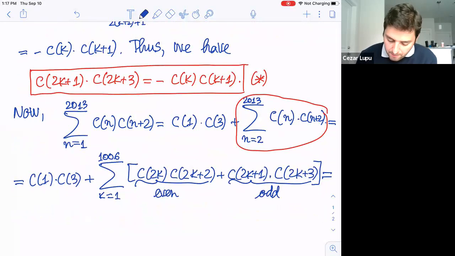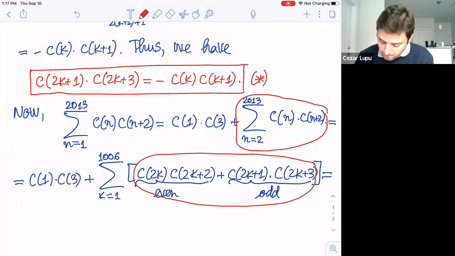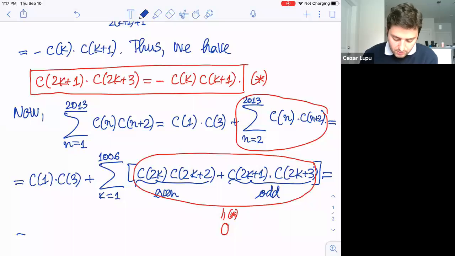But if you look here, this guy here is nothing else than just 0, if you use star. So this will give us that this is nothing else than just C1 times C3 plus 0.